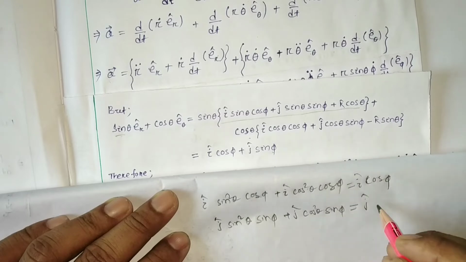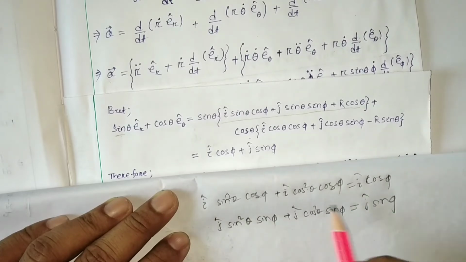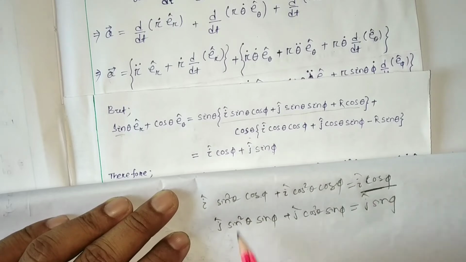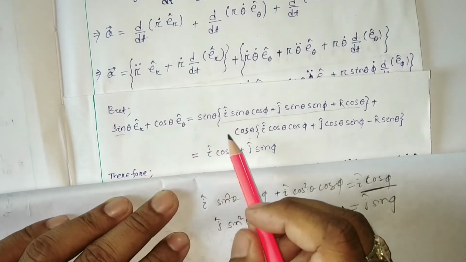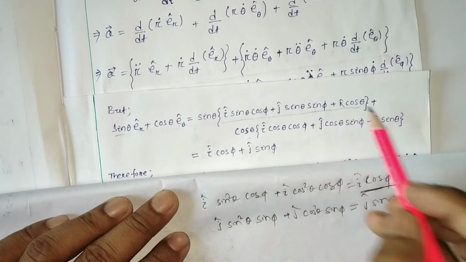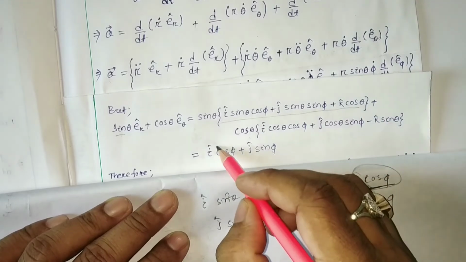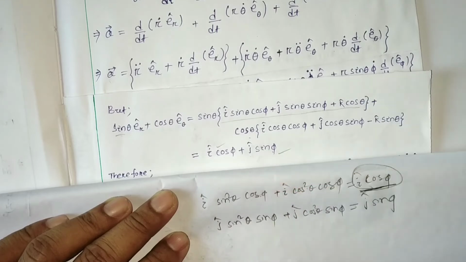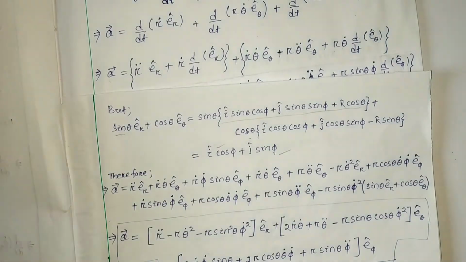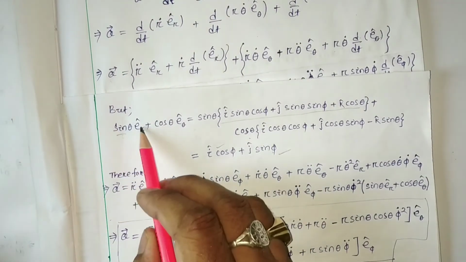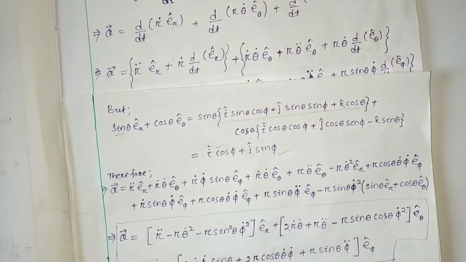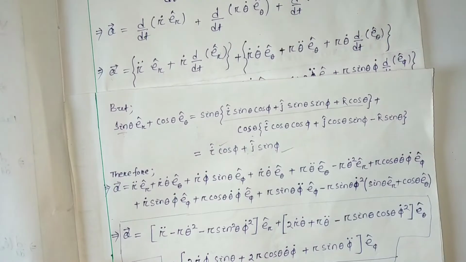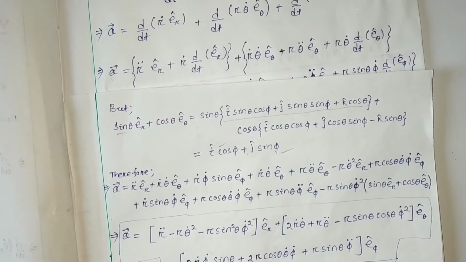So here j cap sin phi. From this term we found i cap cos phi, from this term we found j cap sin phi, right? So sin theta e_r cap plus cos theta e_theta cap can be written as i cap cos phi plus j cap sin phi, right?